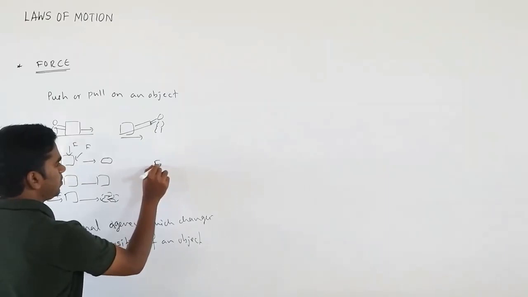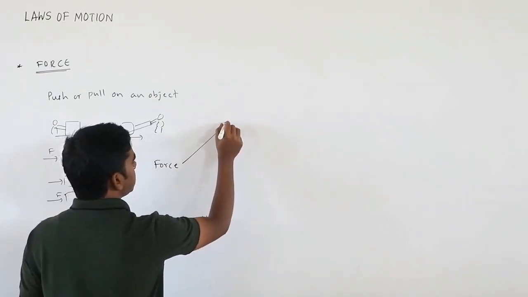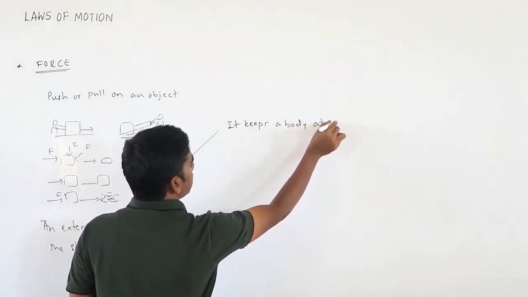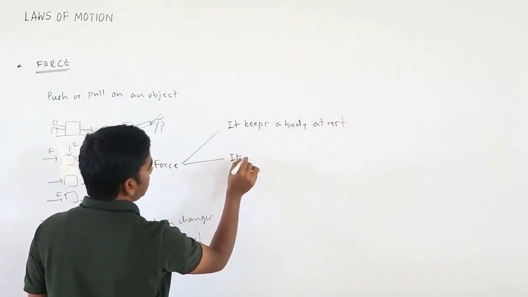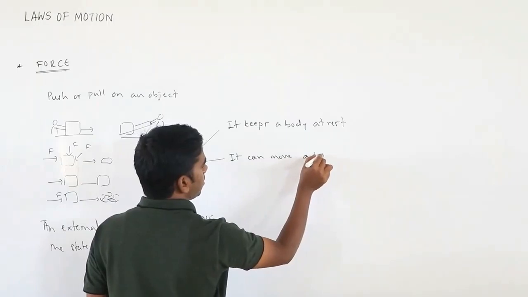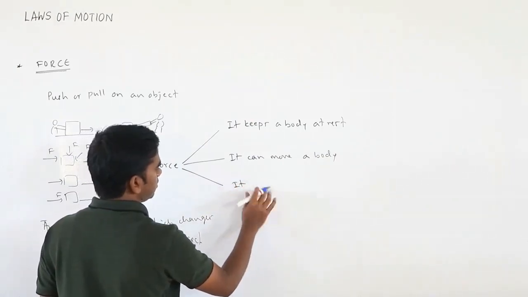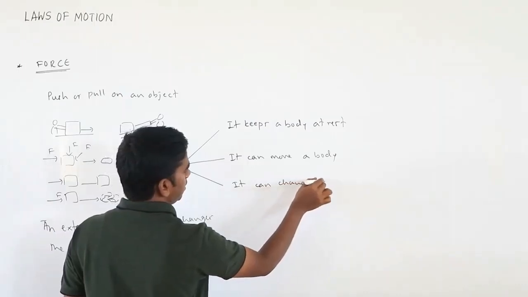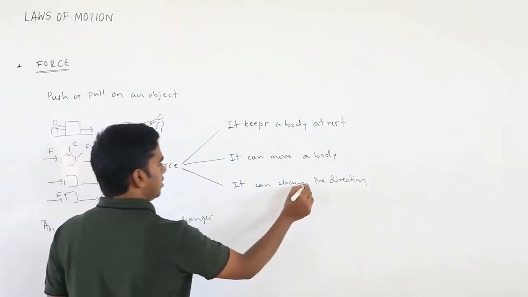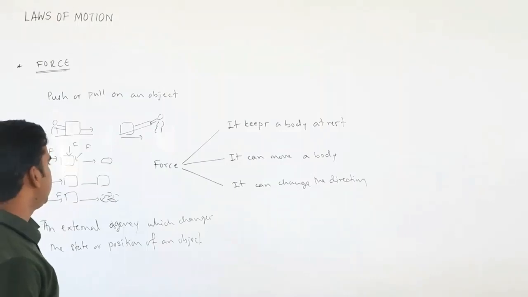So what force can do is it keeps a body at rest, or it can move a body, or it can change the direction of a moving object, or it can change the state of rest to motion, or motion to rest. Okay, so all these things can be done by the force.